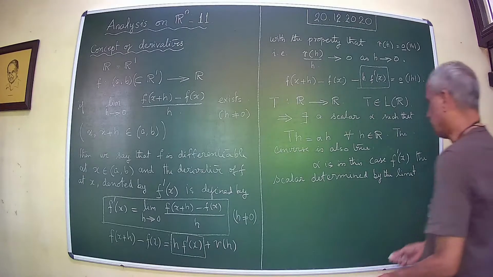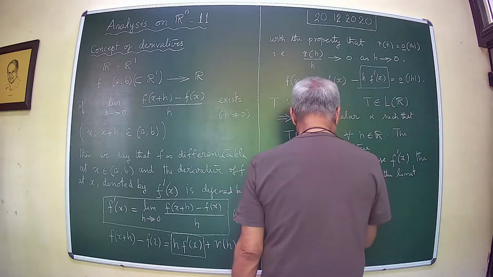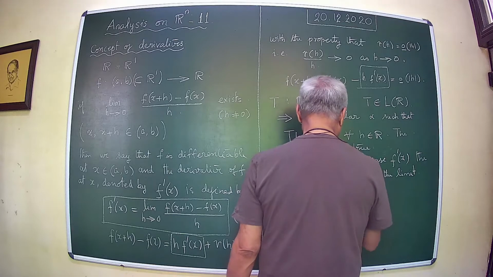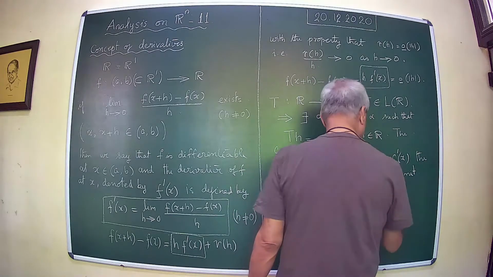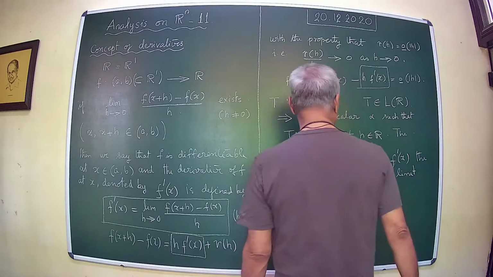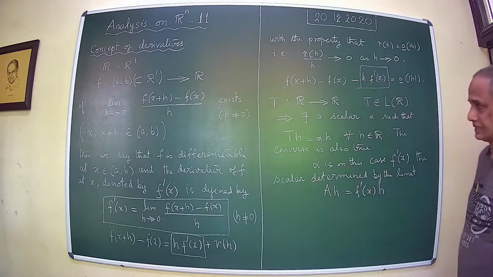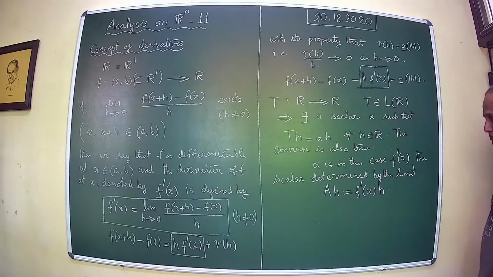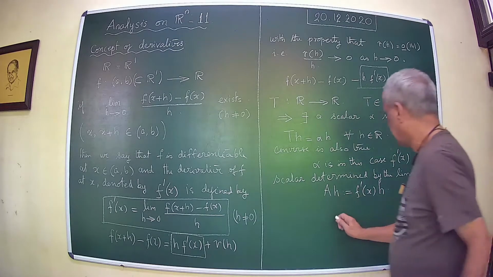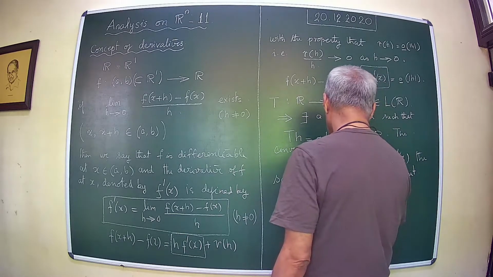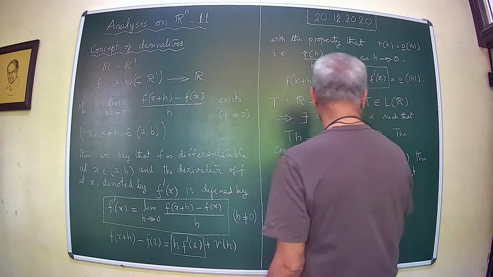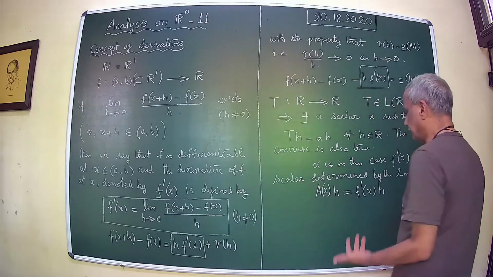So let me just call that. So we define A h. Now I am fixing x, keeping x fixed. Then of course this is true. So what happens is that here you can say that this is, strictly speaking, A x, because I am keeping x fixed.